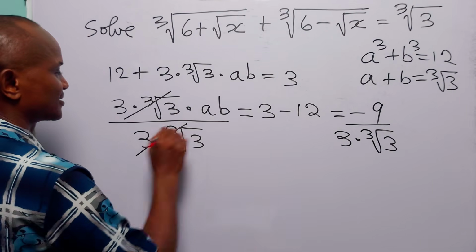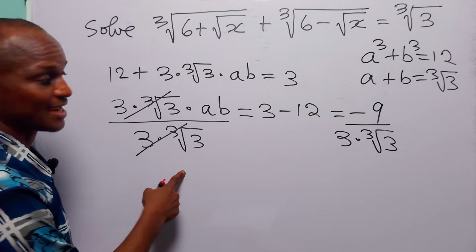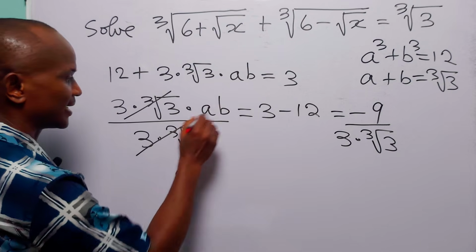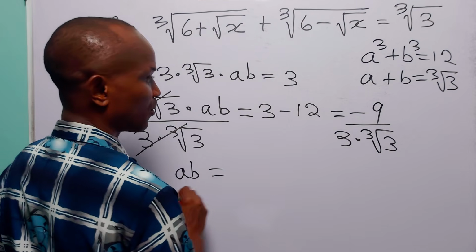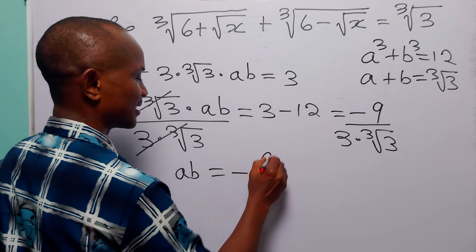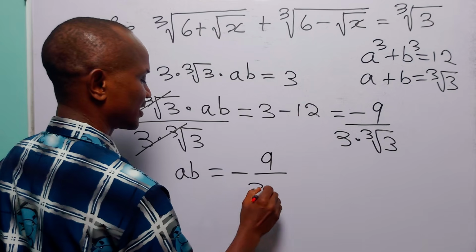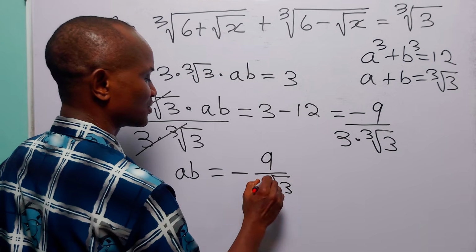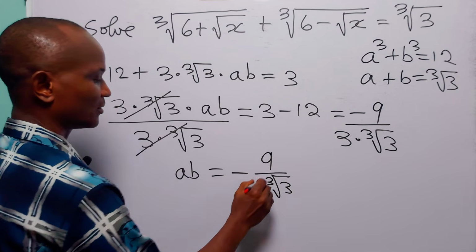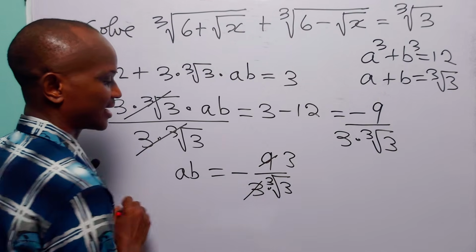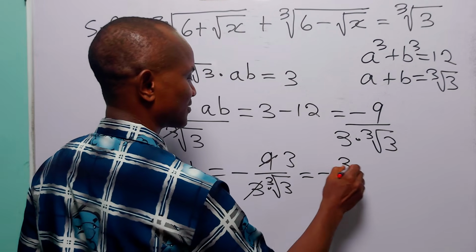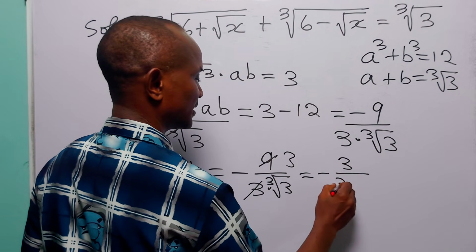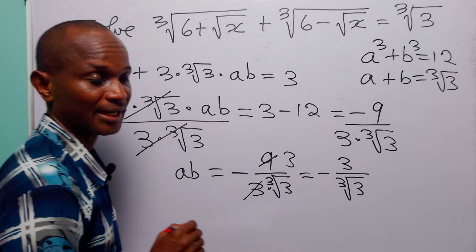This is going to cancel that, so that on the left-hand side of this equation, we have ab, and this is equal to minus 9 over 3 times the cube root of 3. Now, 3 into 9 is 3. So this is equal to minus 3 over the cube root of 3.